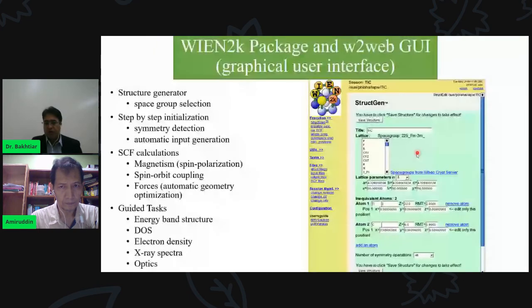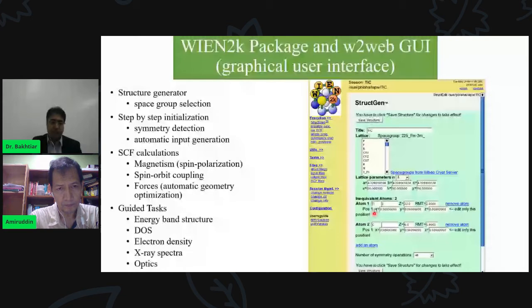For the input, one has to specify a space group and give information about the lattice parameters and the angles. Moreover, the atomic numbers and atomic symbols of the material should also be provided in the input for the Wien2K calculations.